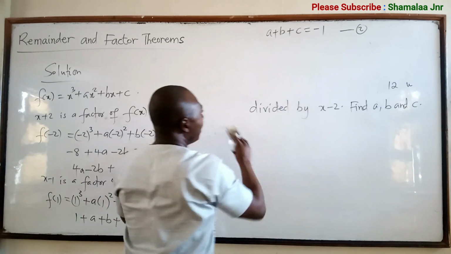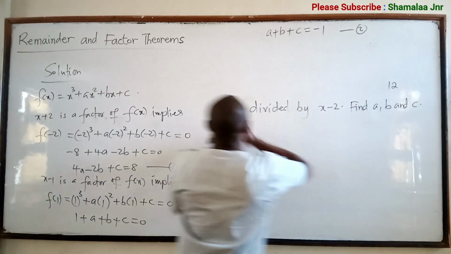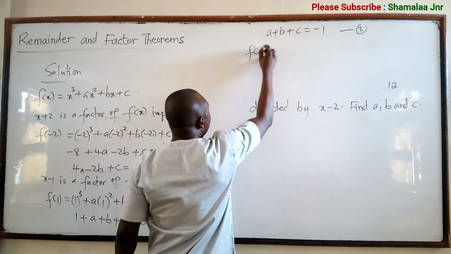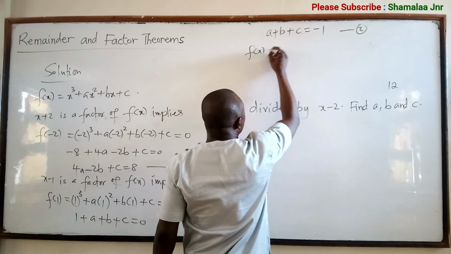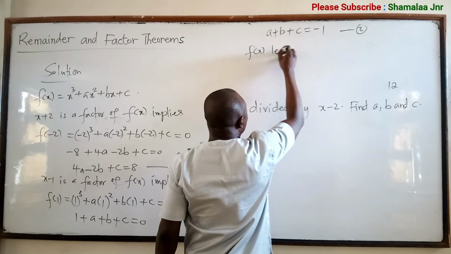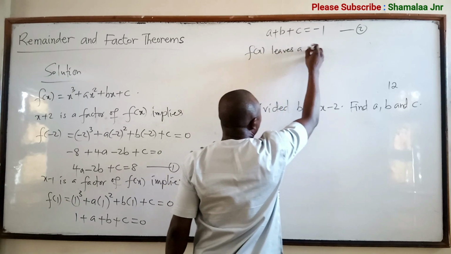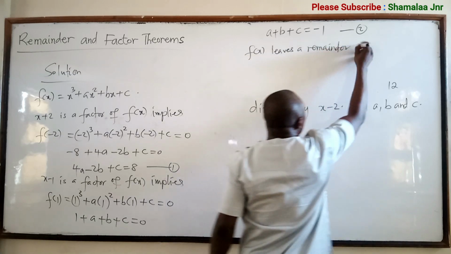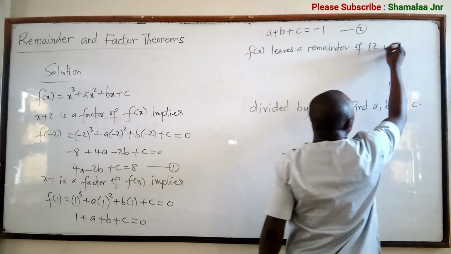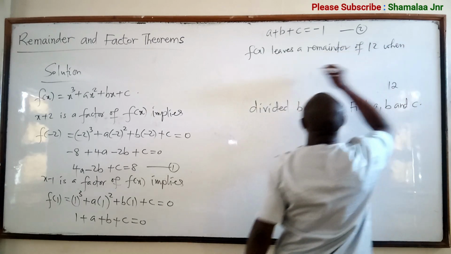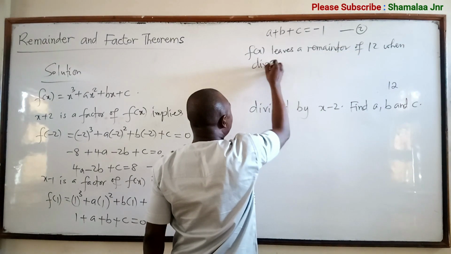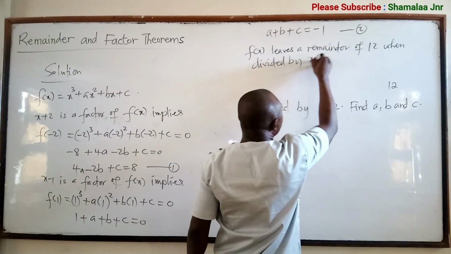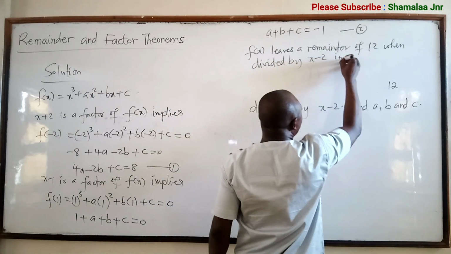So this means that f of x leaves a remainder of 12 when divided by x minus 2.